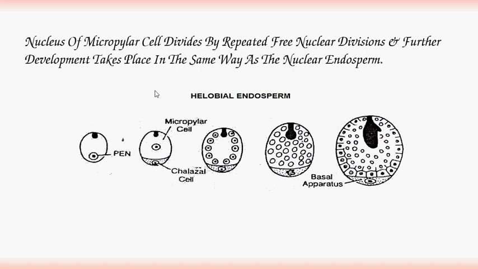So the remaining micropylar cell division is the same as the nuclear endosperm. Example, it is more prevalent in the monocotyledons.